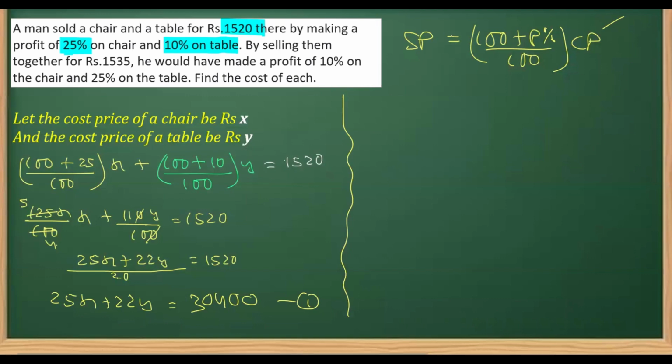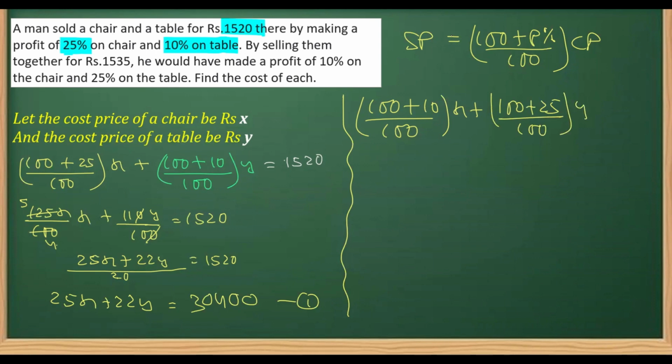In the second case, the selling price for a chair should be 100 plus 10% profit, divided by 100, times the CP, plus in case of a table, it is 100 plus 25% on the table, multiplied by Y, and he is getting the total selling price as 1535 as per the question. This information is given over here.